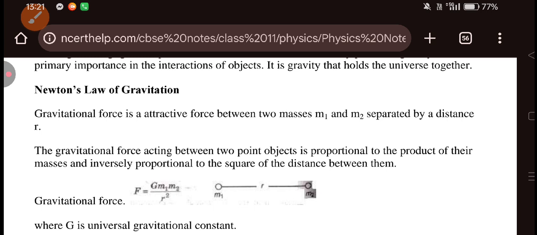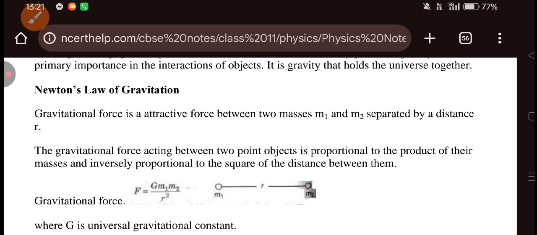Try to understand. If we increase r, then what will happen? Force will decrease. The force acting between them will decrease automatically. If we decrease r, then what will happen? Then the force acting between them will increase. This is the meaning of inversely proportional.